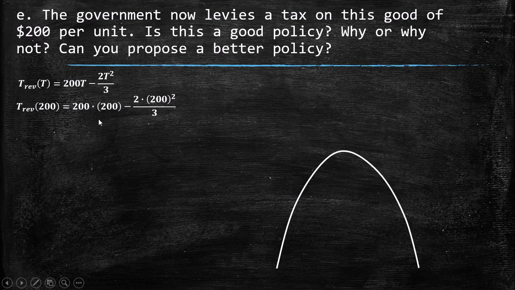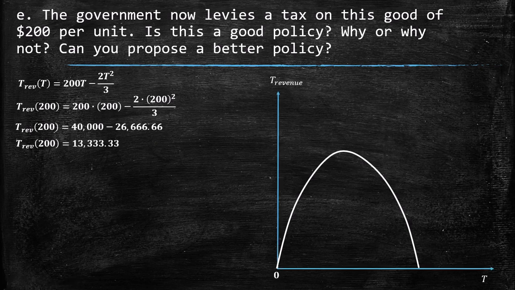So we have 200 times 200, which is this one, and 200 squared times 2 over 3 is this one, and this is the revenue. Remember our function: the maximum that the government can receive by charging a tax is 15,000, given a tax of 150.